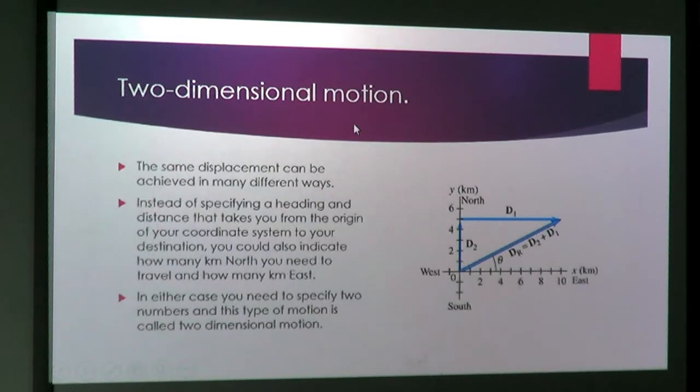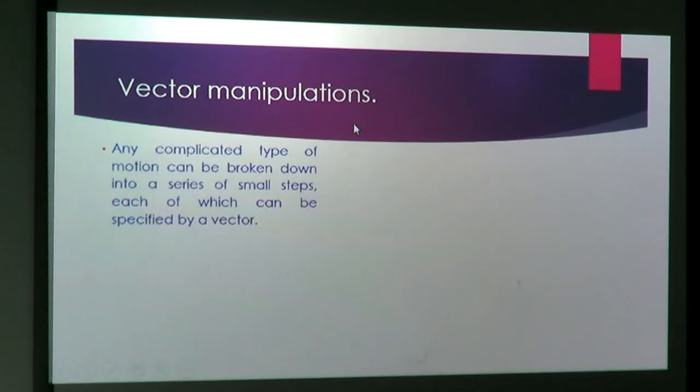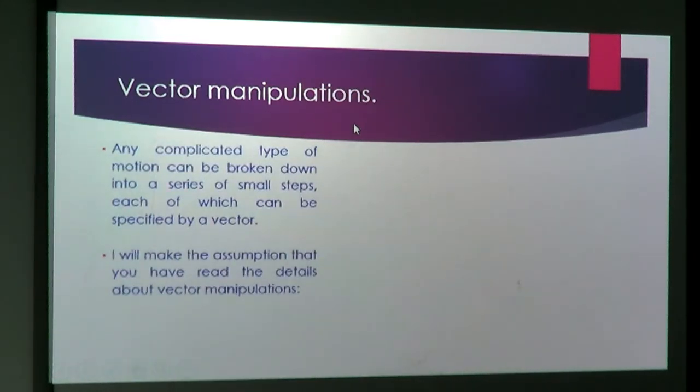The important statement in that slide is the last one. That's the major definition of what two-dimensional motion means. Vectors manipulation, as I said before. Those are the definitions. If you want, take quick notes.